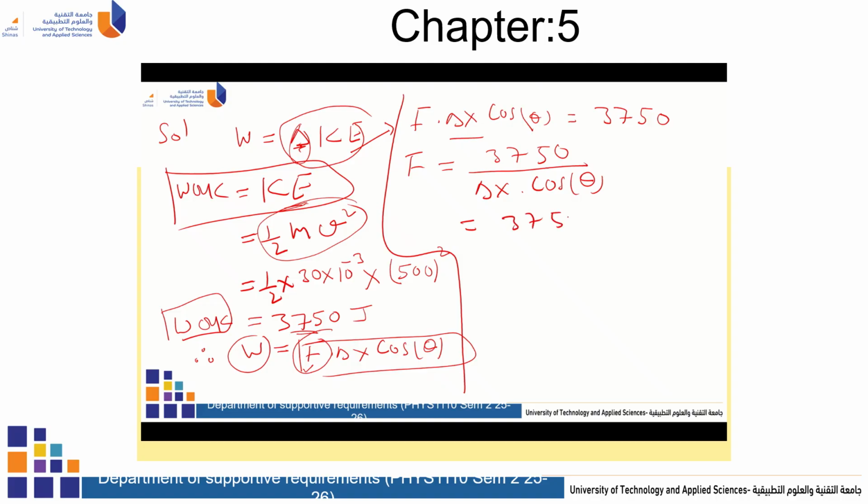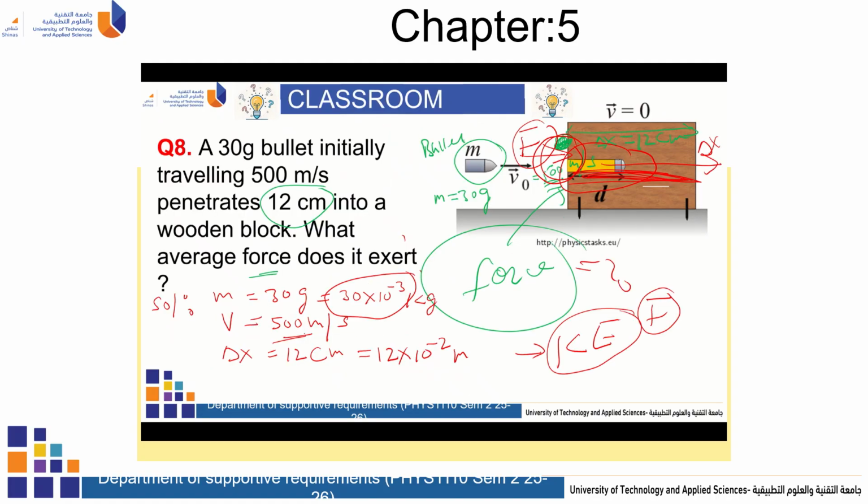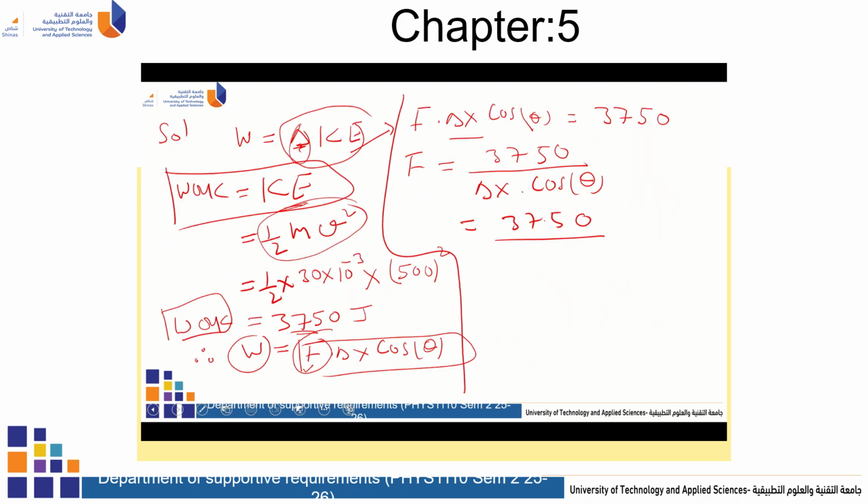So this is 3750, and the displacement value is how much? That is 12 centimeter, or this value in meter, 12 multiplied by 10 to the power minus 2 meter, and this is the cosine 0 degree. The value of the angle is 0.